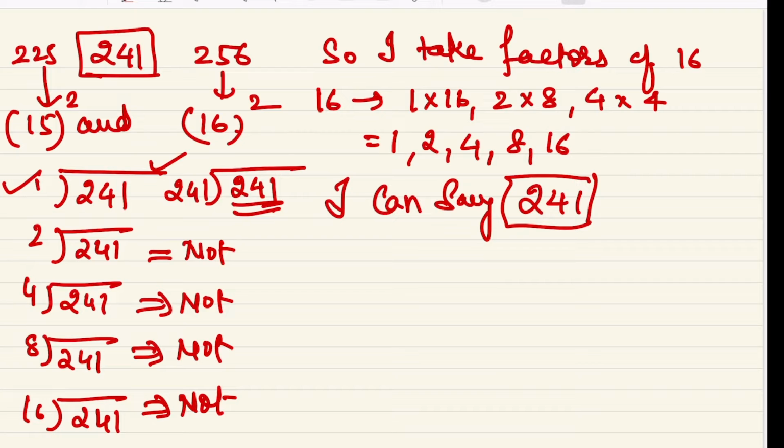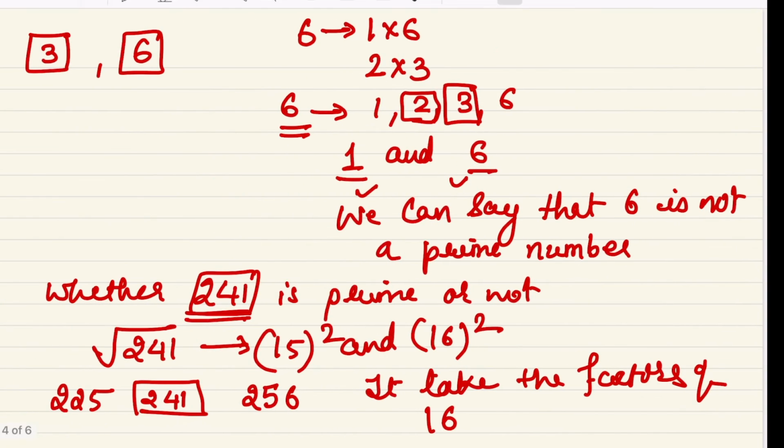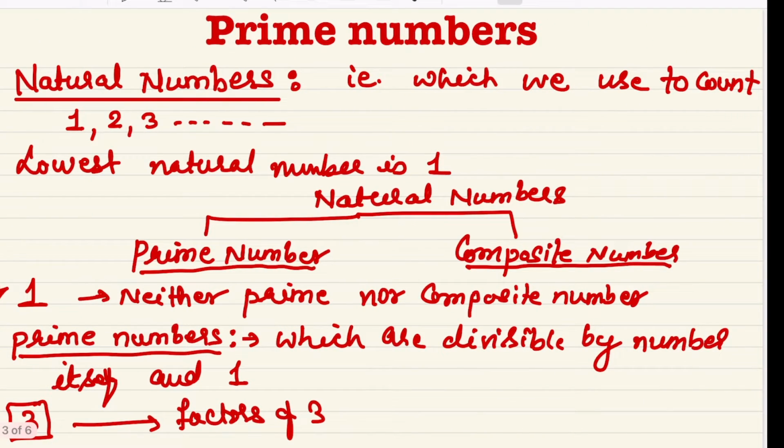I had taken the factors of 16 because the square root of 241 lies between 15 and 16, since 15 square is 225 and 16 square is 256. So by definition, a number divisible only by itself and 1 is called a prime number. This is one of the good methods to find out whether a number is prime or not.